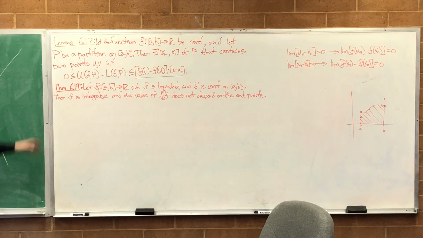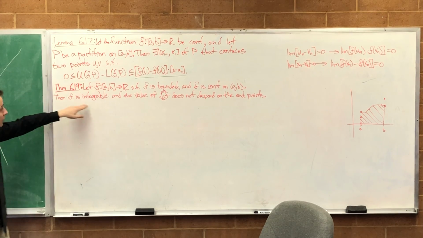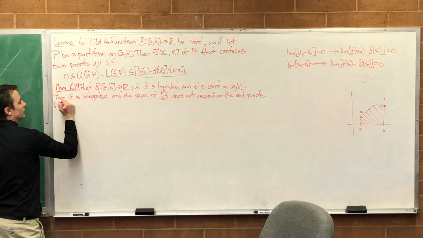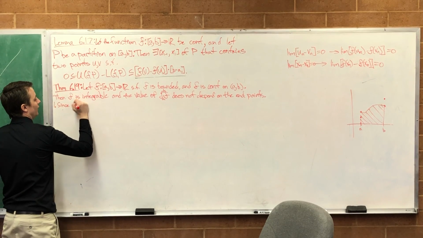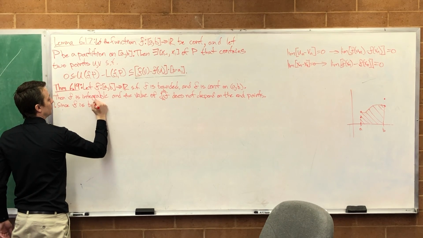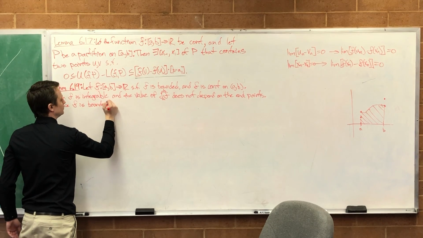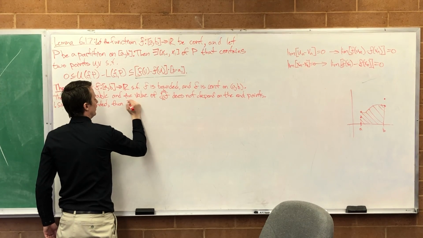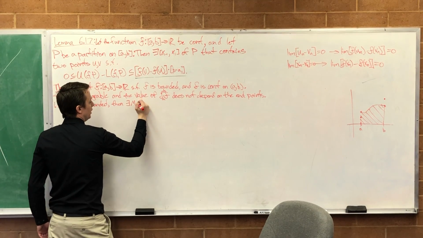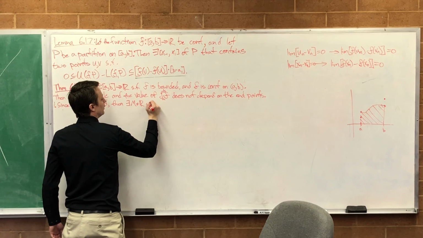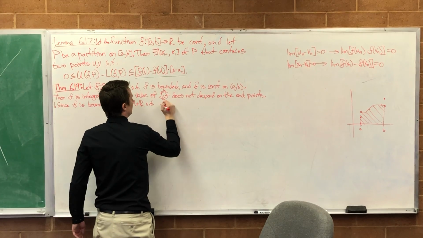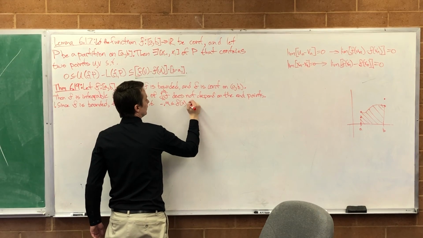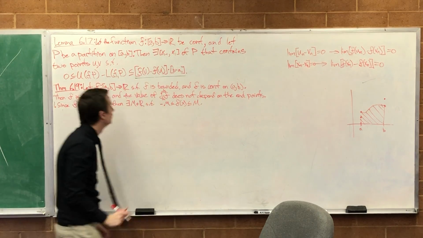Let's see. So let f from [a,b] to R such that f is bounded. Okay. One. Since f is bounded, then there exists M in R such that negative M is less than or equal to f of x is less than or equal to M. Right?